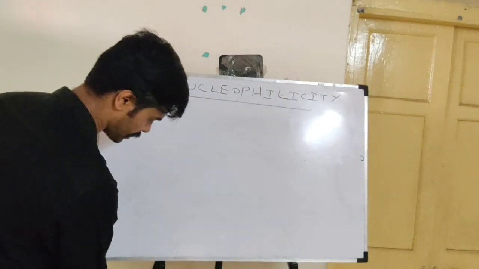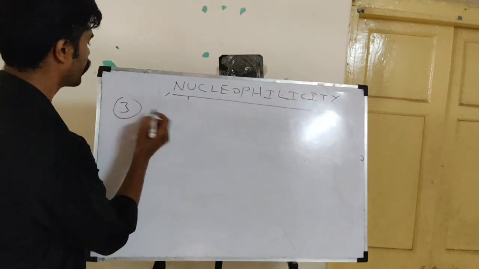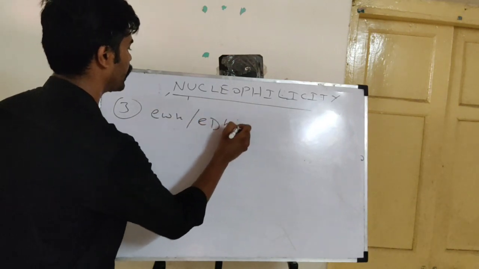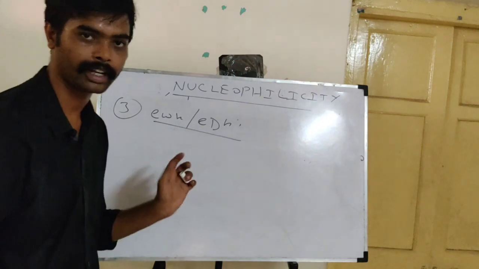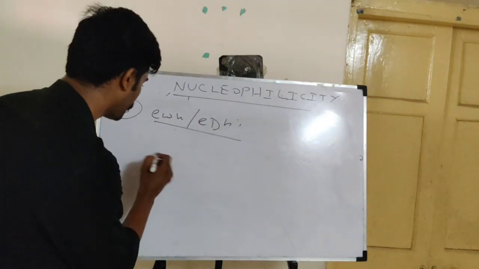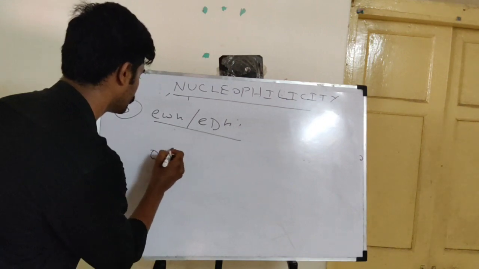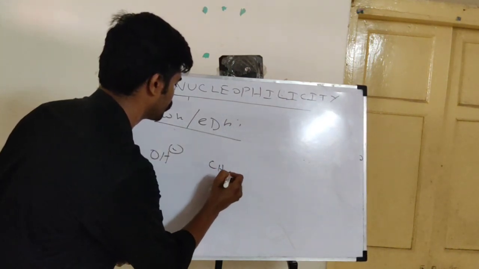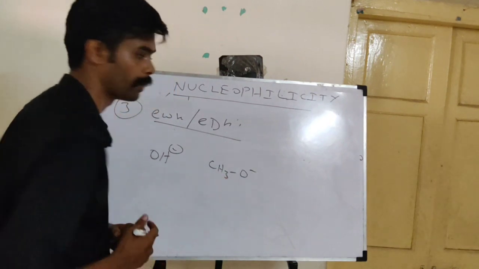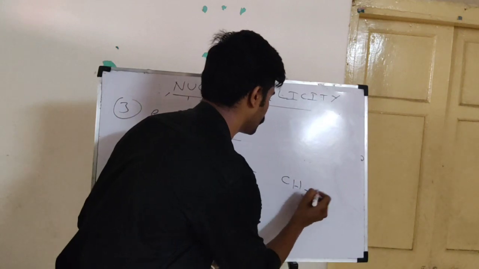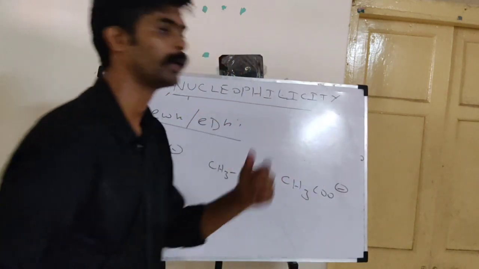Okay, now the third factor is going to be electron withdrawing groups or electron donating groups. Now this is going to be very logical, right? Now let me take an example. Say I have OH minus, I have CH3O minus, and say I have CH3COO minus.